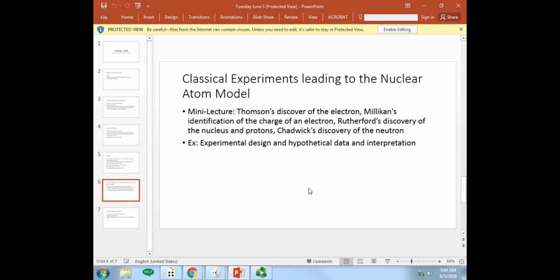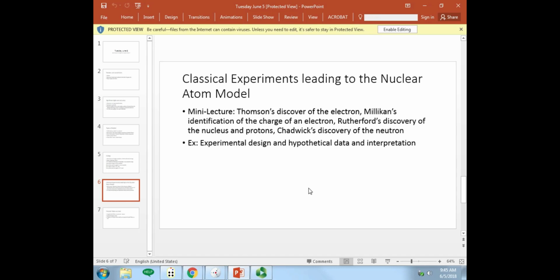Based on the results, that a small amount of alpha particles were deflected, he concluded that this solid piece must be small. The other thing about the result was that because they were deflected at really large angles, they weren't just bouncing off.